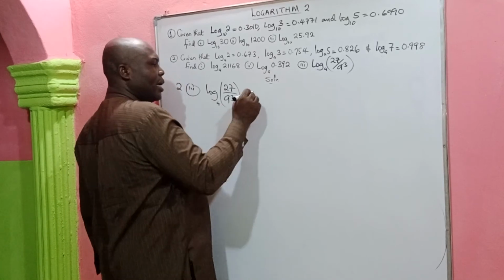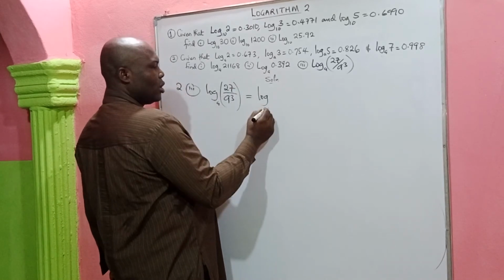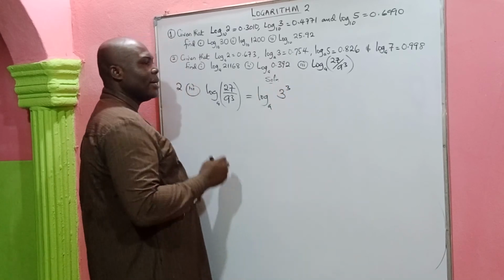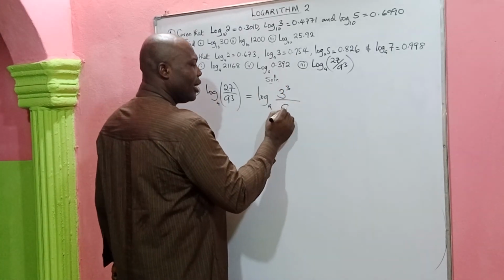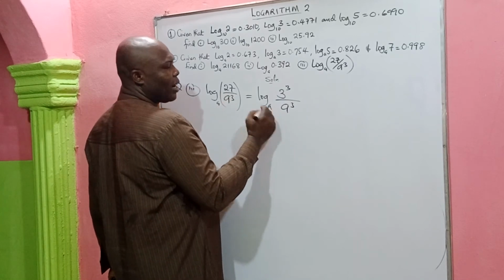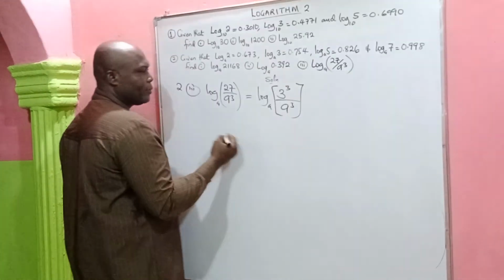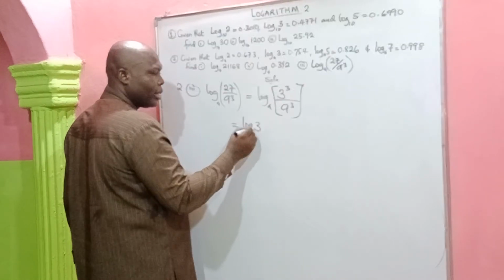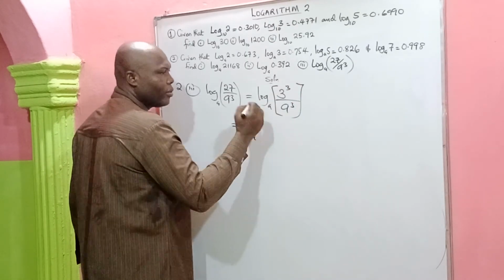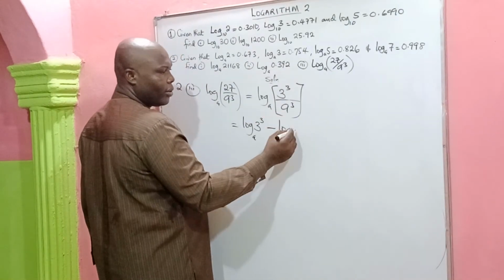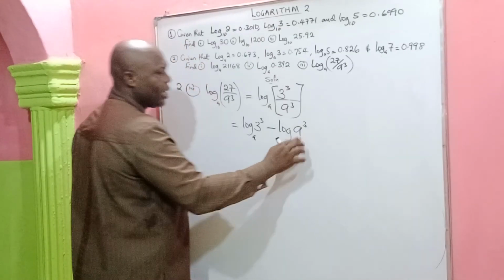So this is the same thing as log to the base of A. 27 is 3 raised to the power 3, 3 times 3 times 3, all over A cubed: A times A times A is A raised to the power of 3. Alright, so we expand this. This is going to be log 3 raised to the power 3 to base A. Divide means minus log A raised to the power of 3.